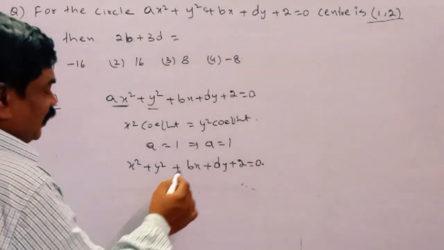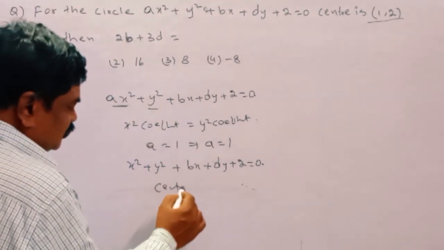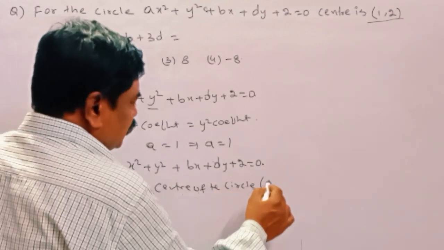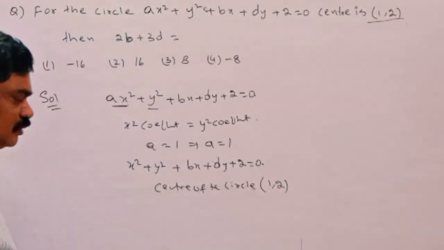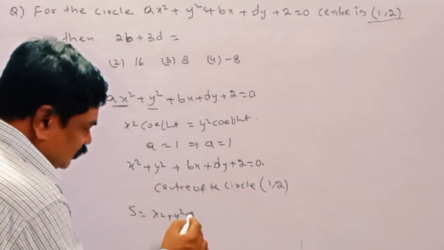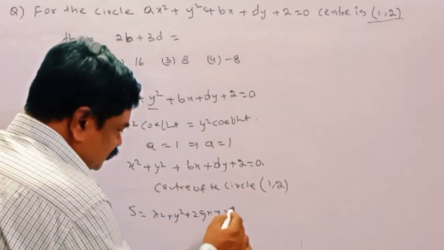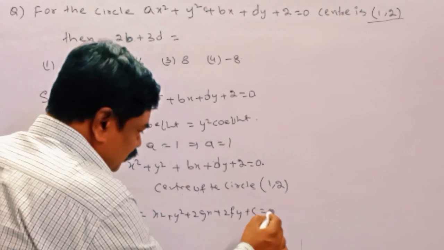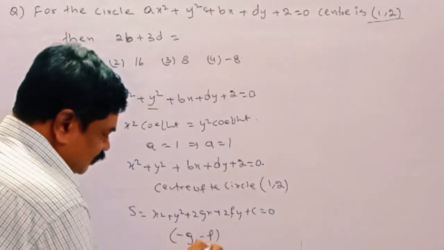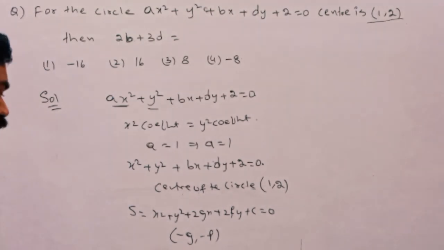So here the center of the circle is given as 1 comma 2. Then circle equation x square plus y square plus 2gx plus 2fy plus c equal to 0, the center is minus g comma minus f. Okay now.